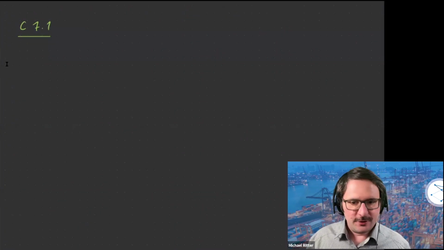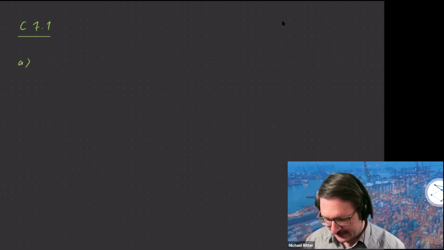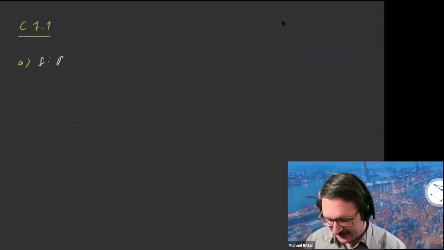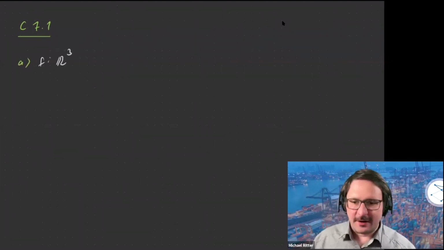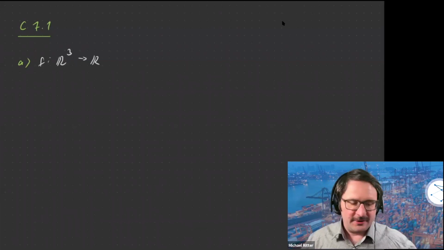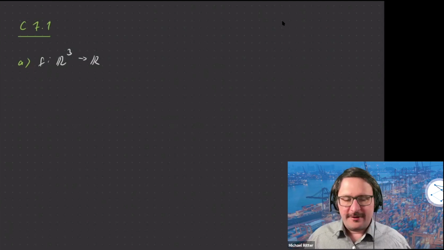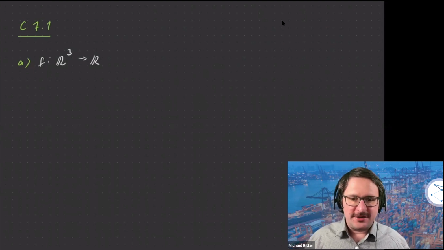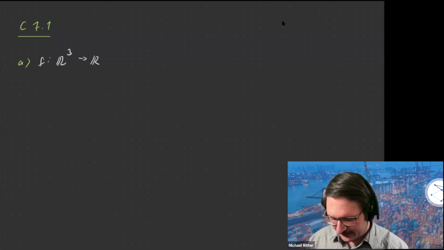We have two mappings here, and the task is to decide whether these are linear or not. So starting with part A, this is a linear mapping. The domain is R3. The codomain is R. So in a way, the codomain is smaller than the domain, meaning the dimension is lower than that of the domain.